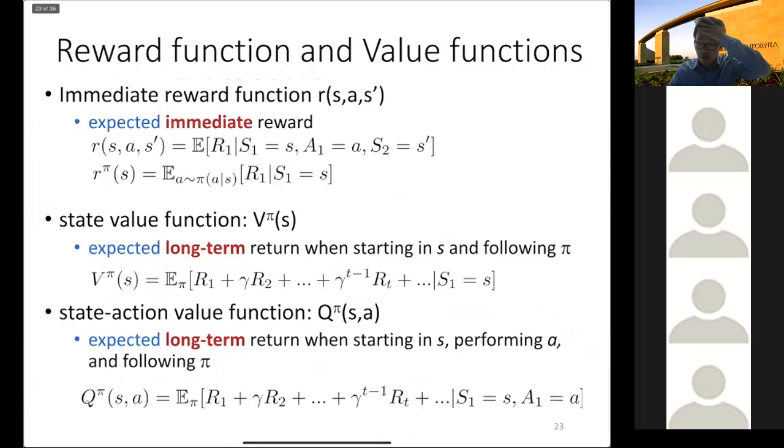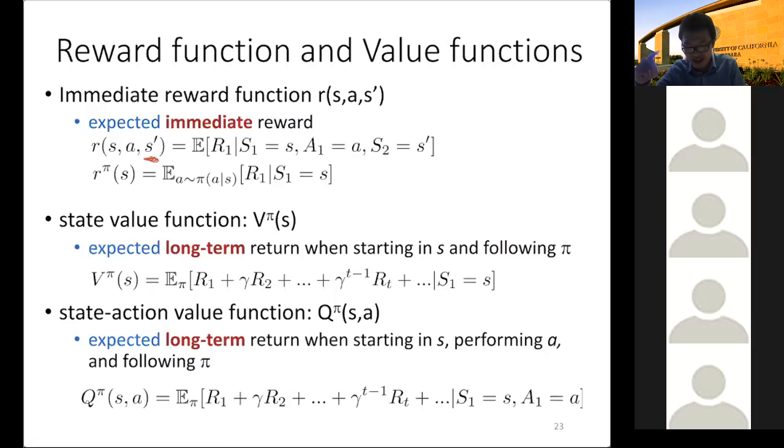So I've defined the reward and the value function. This is just a summary of what I just talked about. Notice that this is slightly more general because the immediate reward can depend on the state that you transition into. This is an equivalent representation that was preferred in the context when I prepared this set of slides initially.